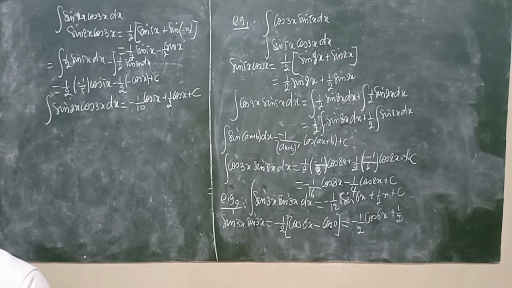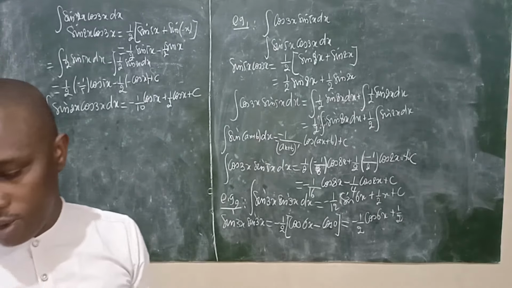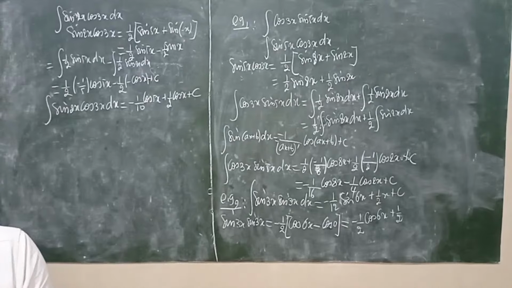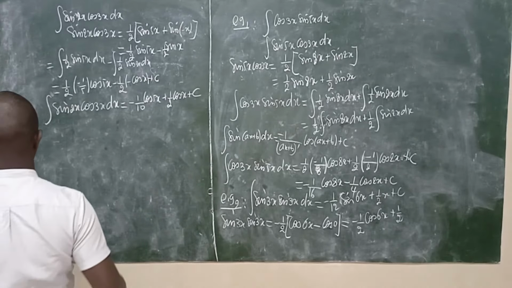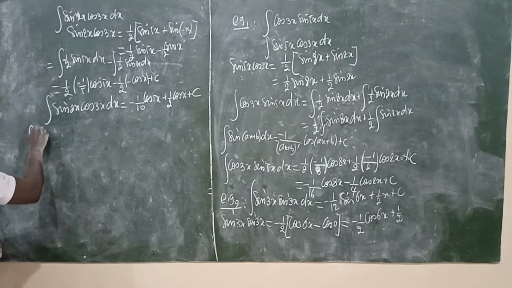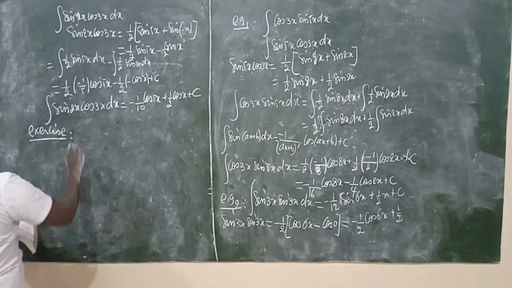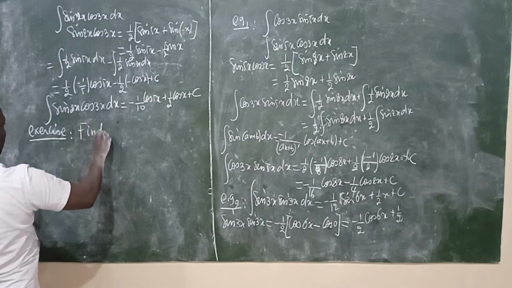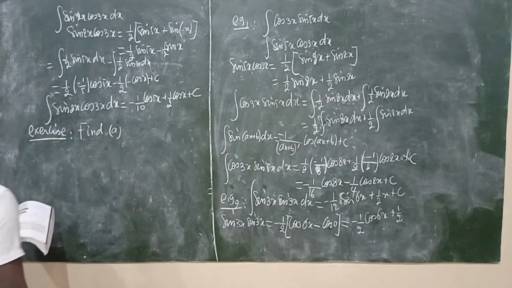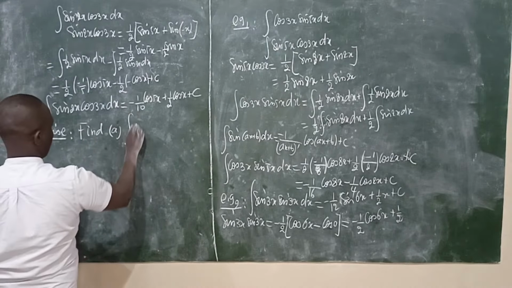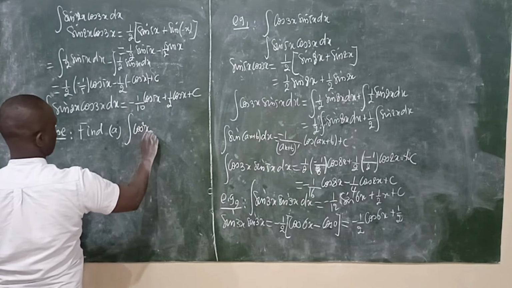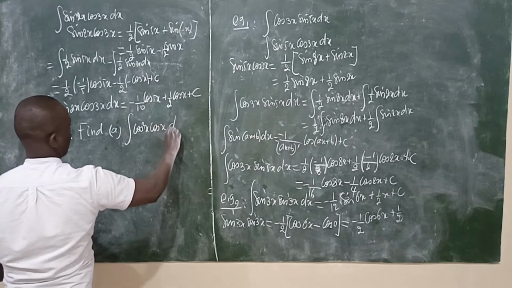Okay, let's continue with the questions, and they're going to be left as your exercise to try. Exercise. Find A, the integral of cosine squared x cosine x dx.